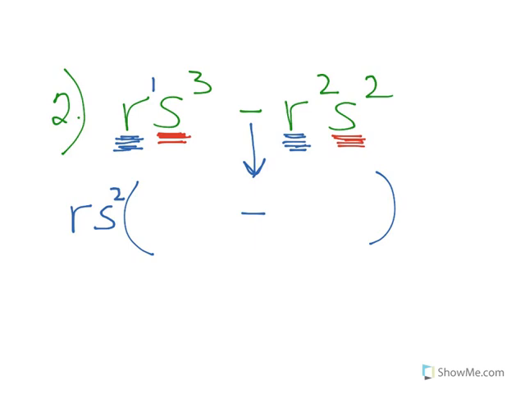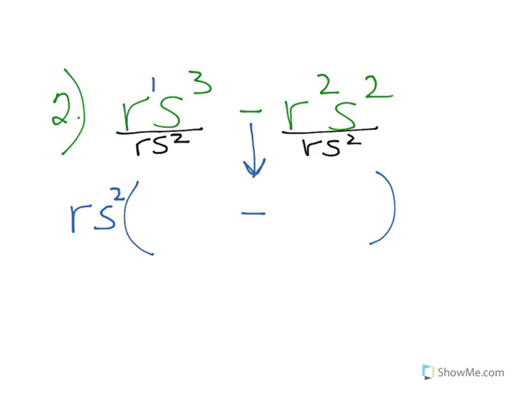And to get the parentheses, we have to divide the first and second terms by our GCF. So we take this term and divide it by rs squared, and this term, we also divide by rs squared.